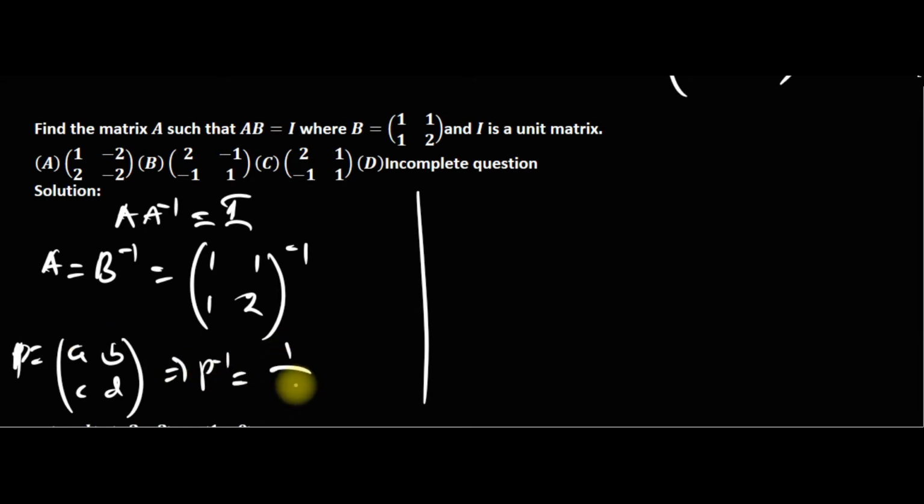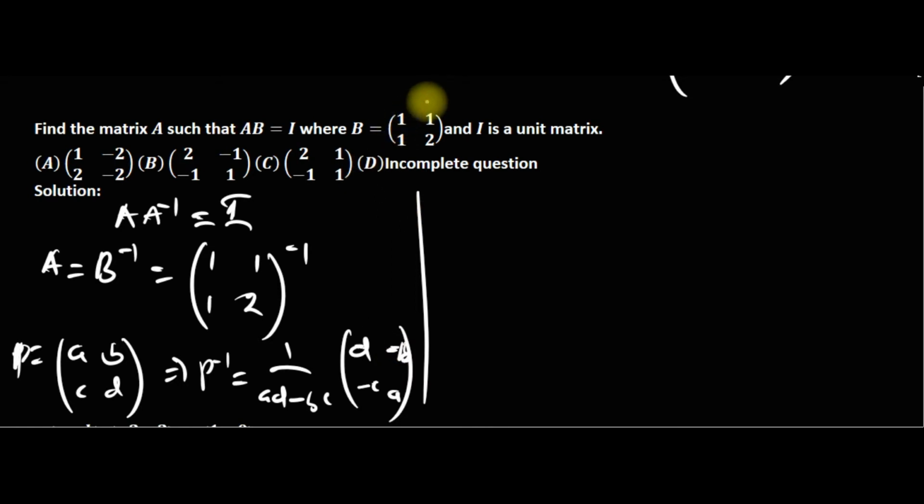It's 1 over the determinant, and the determinant is AD minus BC, times the matrix where you swap the elements of the principal diagonal, so it's D, A, and you negate the other diagonal, which is now minus C, minus B.